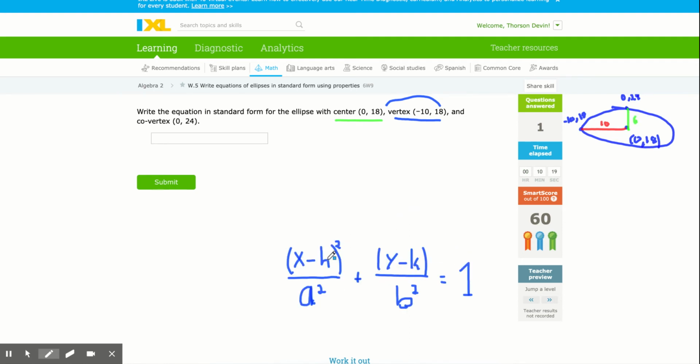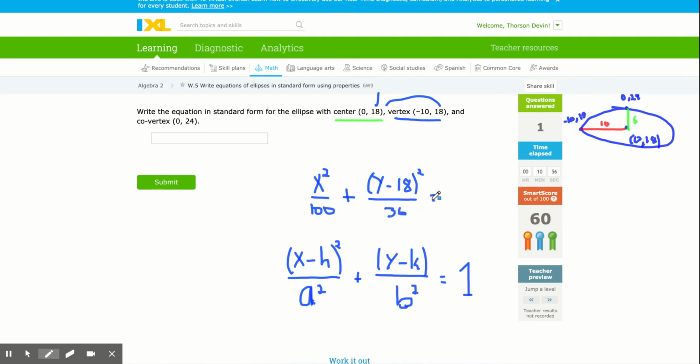Which now allows me to write the equation. Again, if you'll notice, the x value of my center is 0, so h is 0, so I have an x squared over, now remember, it's the horizontal that's the major, or this 10, and I square it, so it's x squared over 100 plus, and it's always plus if it's an ellipse, (y minus 18), because what's the y value of the center? 18, in parentheses squared, all over my b value squared, which was 6 squared, or 36, and that equals 1.